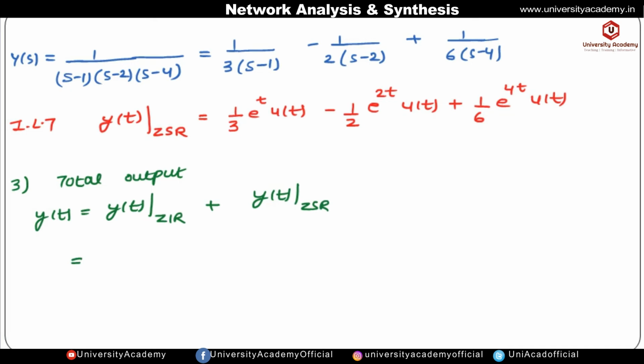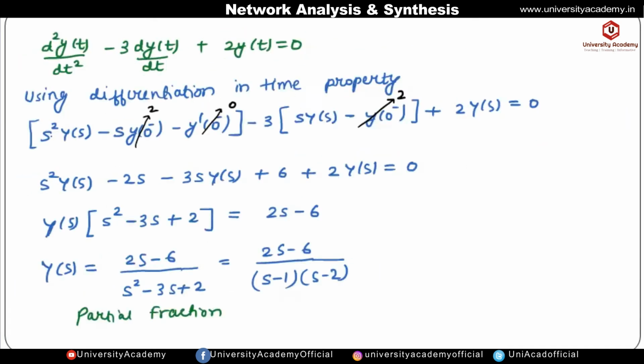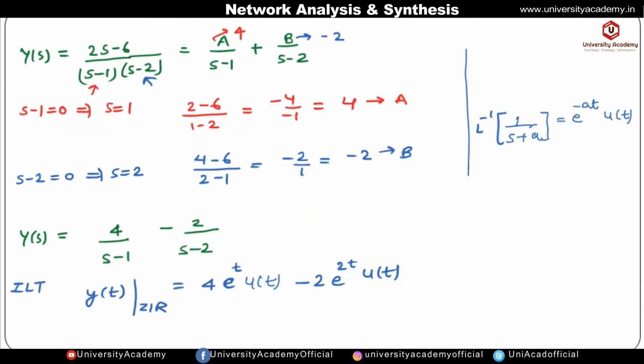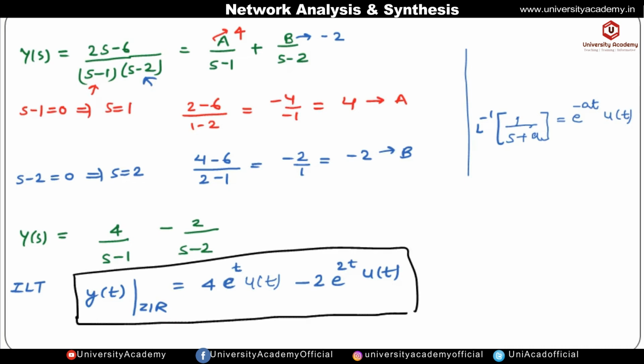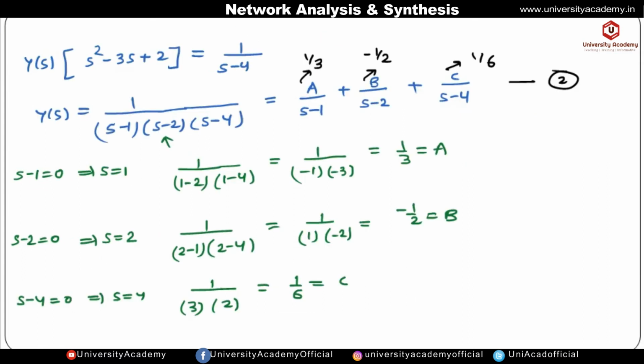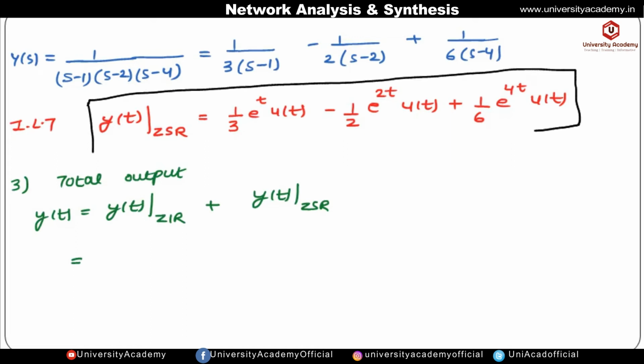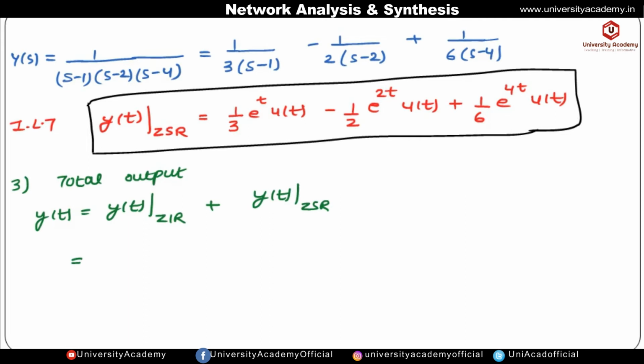So this is y of t due to ZIR, and we have also obtained this, y of t due to ZSR. Now substitute both these y of t values, and you will get the final output.